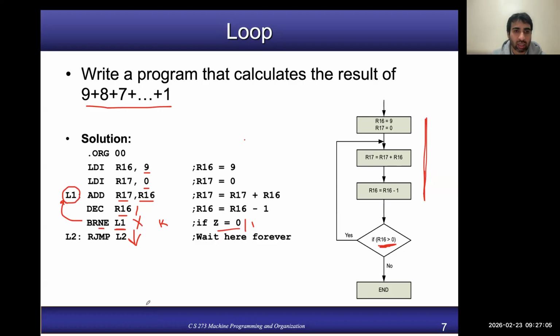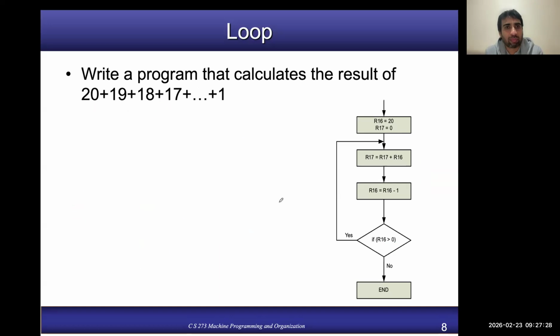Yeah, minus 3, right? Because this is PC plus 1, and we need to add K to PC plus 1. So minus 1, minus 2, and minus 3. Thank you. Okay, let's continue.